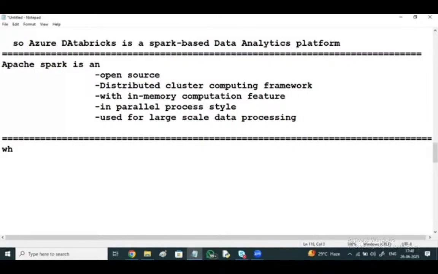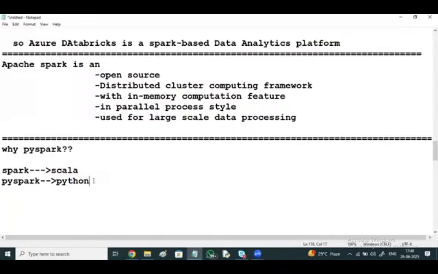Why PySpark? See, generally we say Spark means implemented using Scala language. Whenever you say PySpark means using Python language. Spark has got multi-language support. It can be implemented using Scala, Python, Java, and R language.